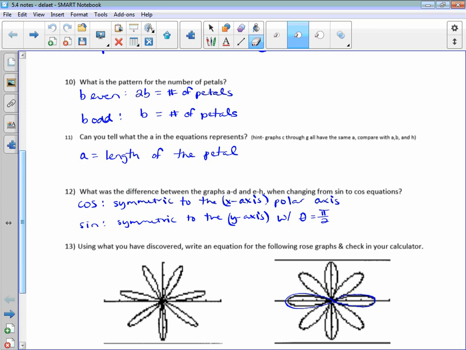It's a polar grid. Oh, what is just polar? You said cosine of 3. Just 3.